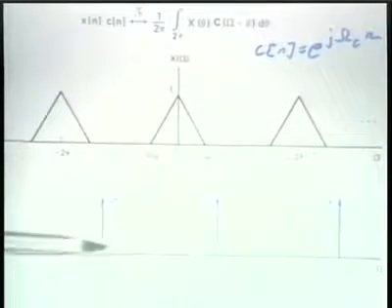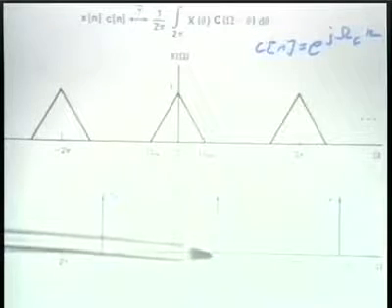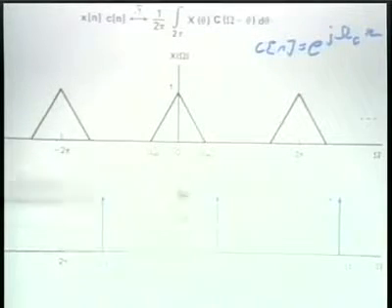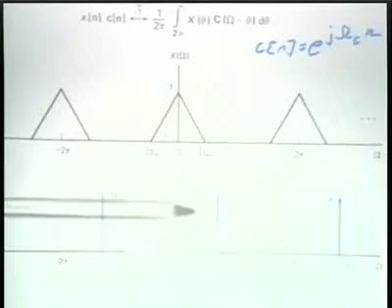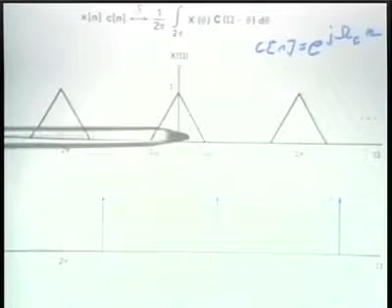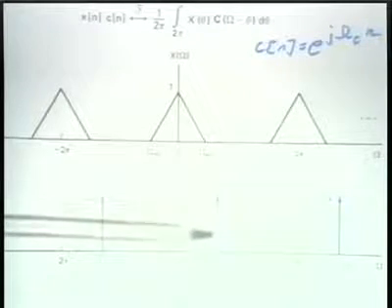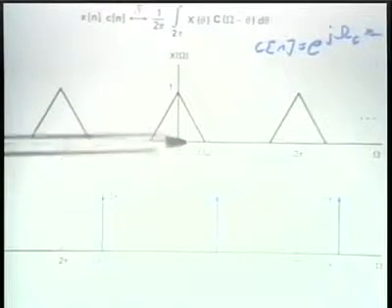And let me stress also that in the discrete time case, of course, all of the spectra involved are periodic with a period of 2 pi. So this then is the spectrum of the carrier signal. This is the spectrum of the input signal. The periodic convolution of these two is the spectrum of the modulated signal.